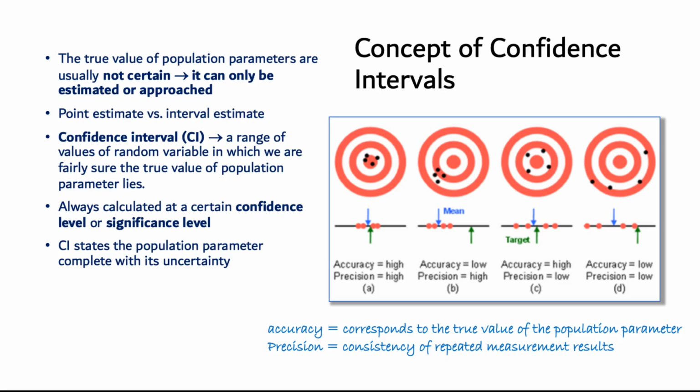The confidence interval is always calculated at the confidence level or significance level that was set before the calculation. By using a confidence interval, the population parameter estimations become more reliable. A narrower interval implies lower estimation uncertainty, or in other words, higher precision.